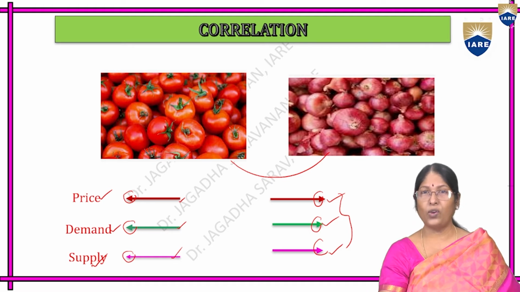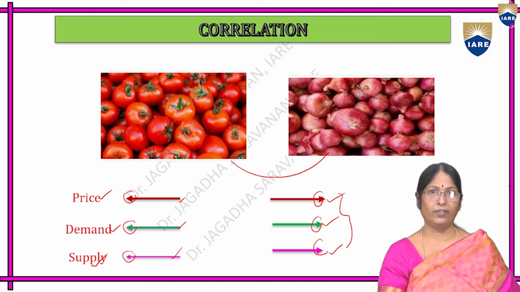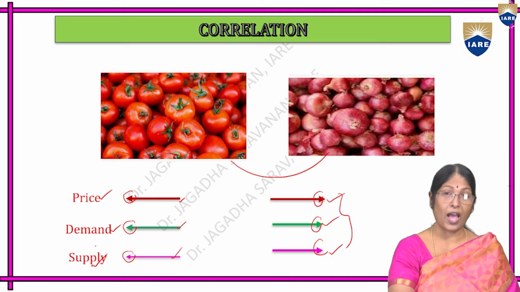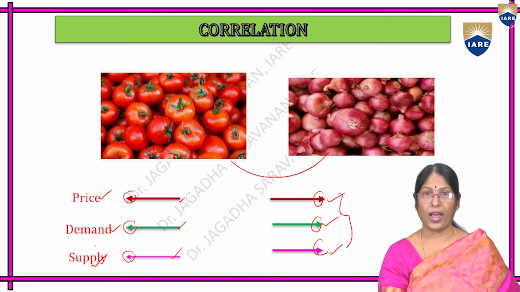Here we are giving importance to direction. That is the most important thing. For that we have taken price, demand and supply, the three variables. These three variables, how they are connected, how they are correlated.